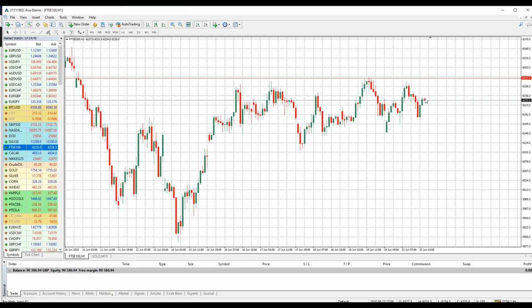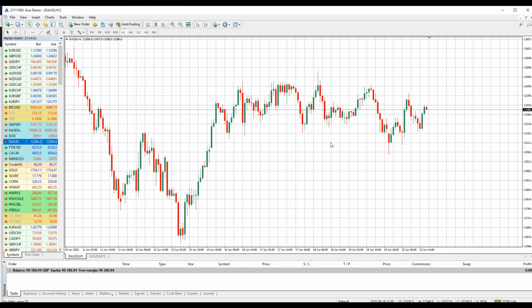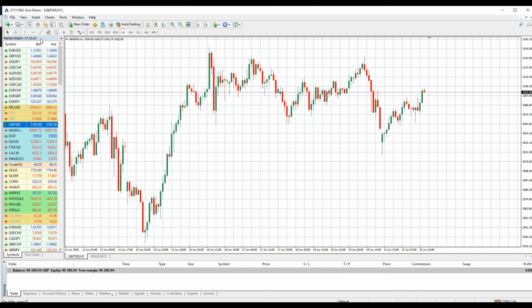Okay, but overall kind of flat today for the FTSE. The DAX also kind of flat. We see up, down, up, pretty much sideways, and also a resistance level up here. If we go to the US indices, S&P 500, we see resistance way up here.